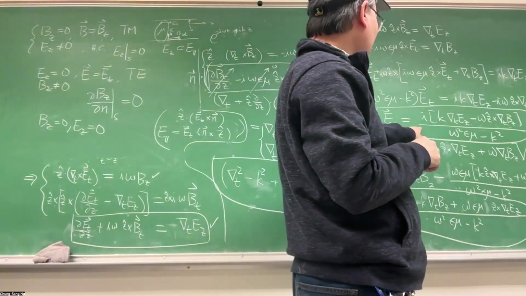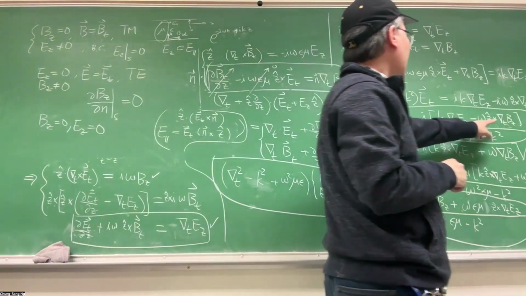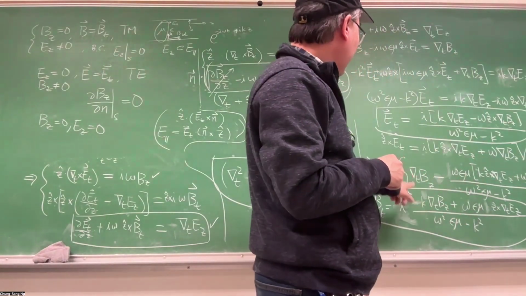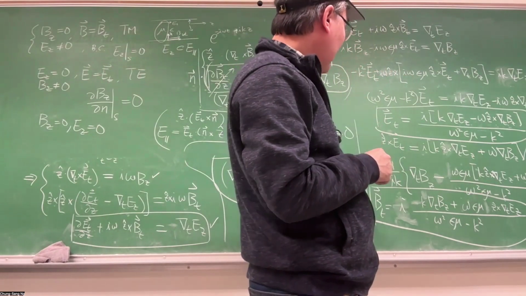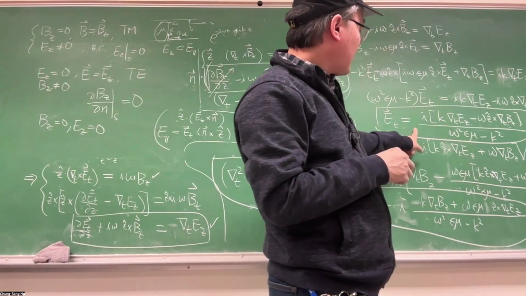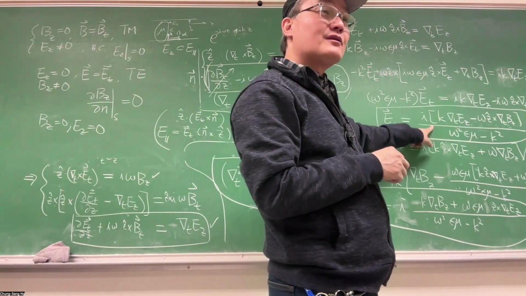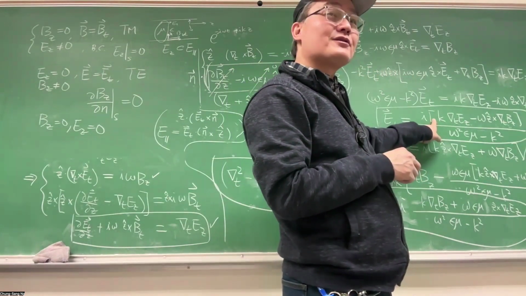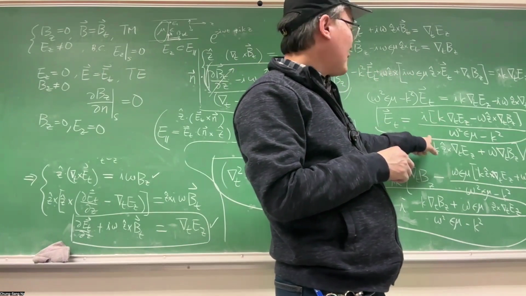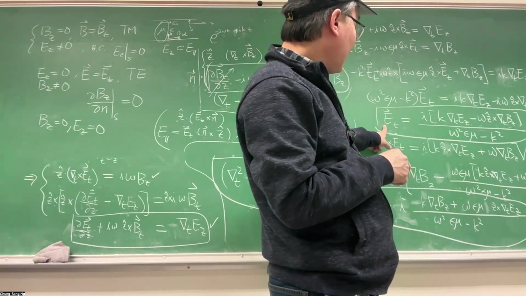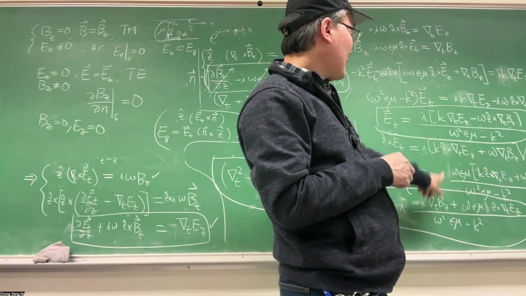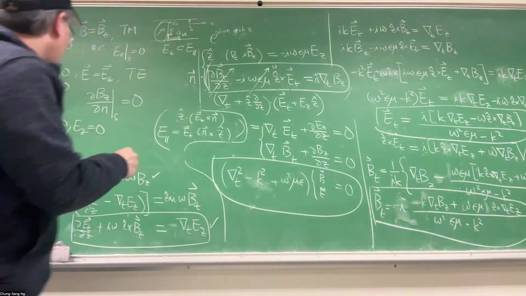But you can see the condition: if the numerator is zero in both equations, but you want to find E sub t and B sub t, what should the denominator be? It cannot be infinity. The numerator is zero, so for a finite left hand side, the denominator also should be zero. So this is the case.